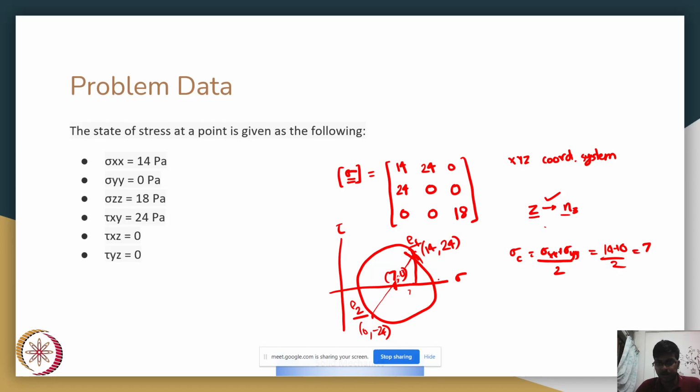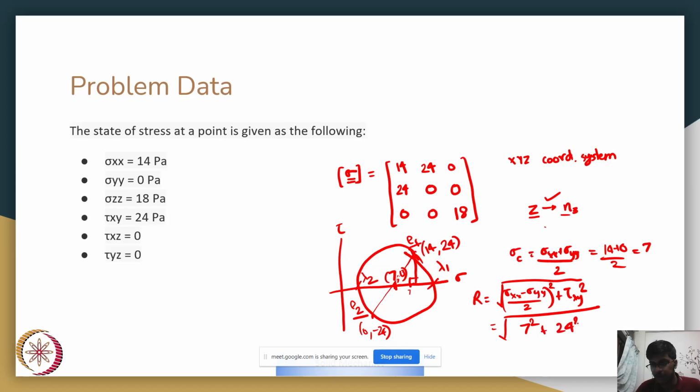Now these are the details that we know. We don't know lambda 1, lambda 2. We can quickly calculate what the radius is from this. So R is essentially the root of ((sigma xx minus sigma yy) by 2) whole square plus tau xy whole square, which is nothing but root of 7 square plus 24 square.